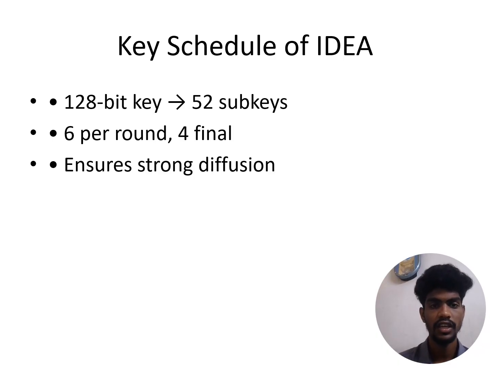For each of the 8 rounds, 6 subkeys are used. The remaining 4 subkeys are used in the final transformation. This key schedule ensures that even a single bit change in the original key produces dramatically different subkeys, which shows the avalanche effect.